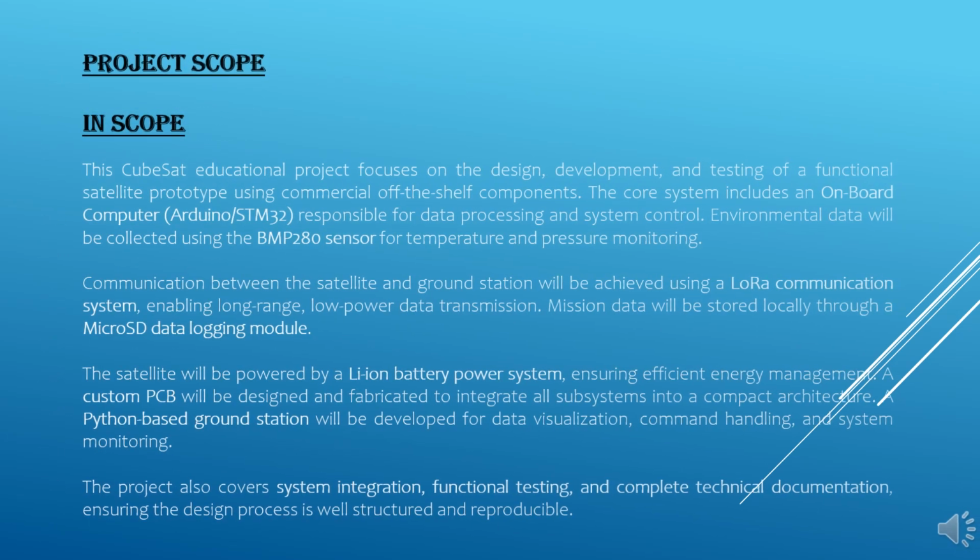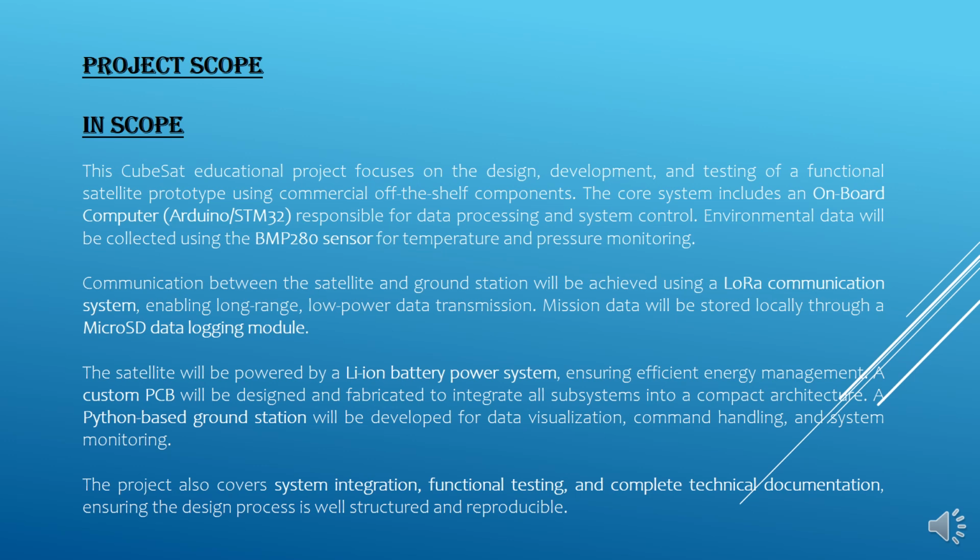Now, the project scope. We will be focusing on building an educational CubeSat prototype using commercial off-the-shelf components. The main subsystem is the onboard computer, which can be implemented using an Arduino or STM32 microcontroller.